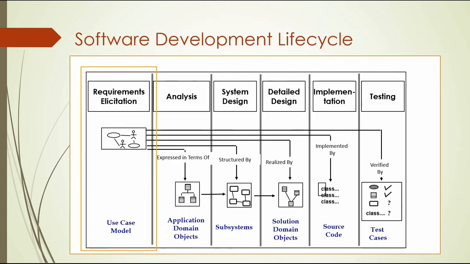We have many models that can be used for developing software, but most of them are used for sequential systems. What is a sequential system? A system whose tasks are implemented in order, one after another. This is most of the existing models.